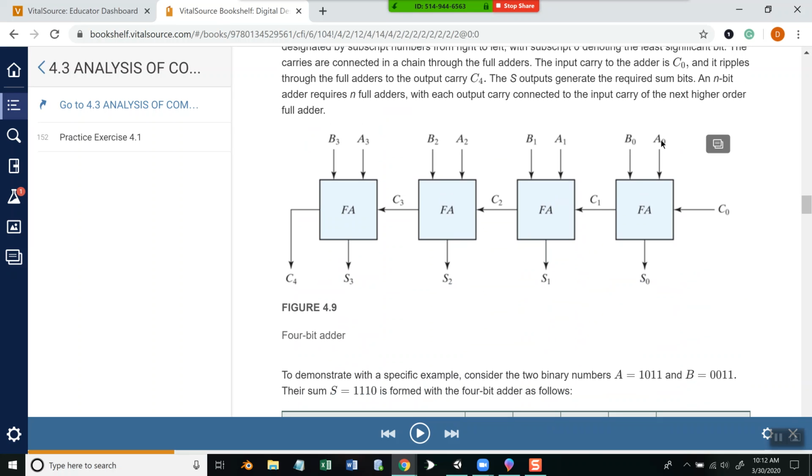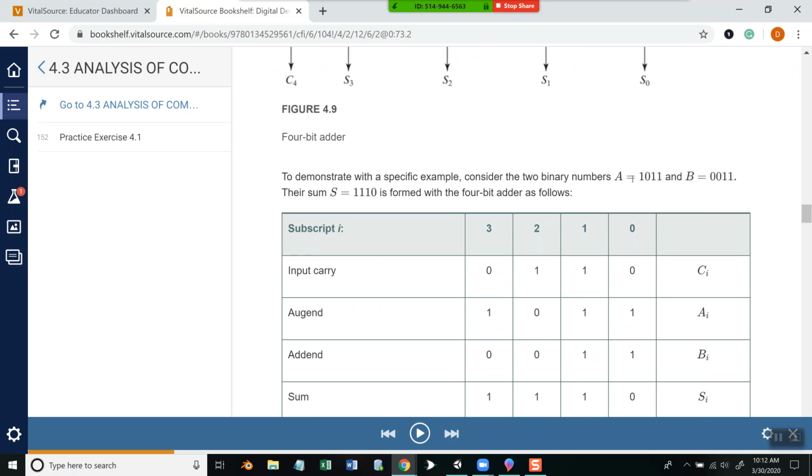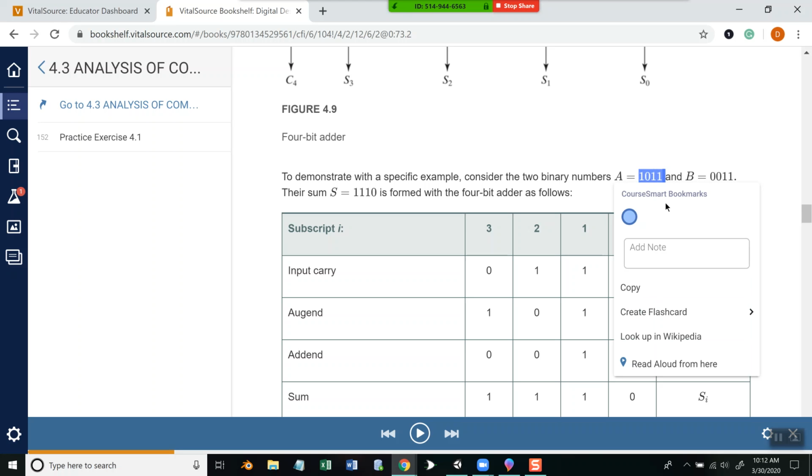Now, when we're talking about A0, A1, A2, and A3, we're talking about a number like this here: 1011. The far right would be our first position, the 0th position, subscript 0, then 1, then 2, and then 3.